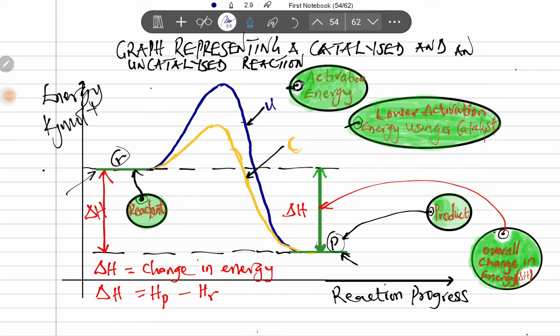Uncatalyzed reaction and catalyzed reaction. The activation energy for these two reactions can also be expressed. It is the minimum energy that must be possessed by reacting particles before a chemical reaction can take place.